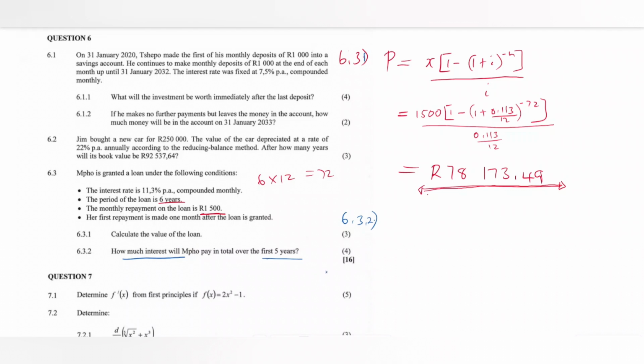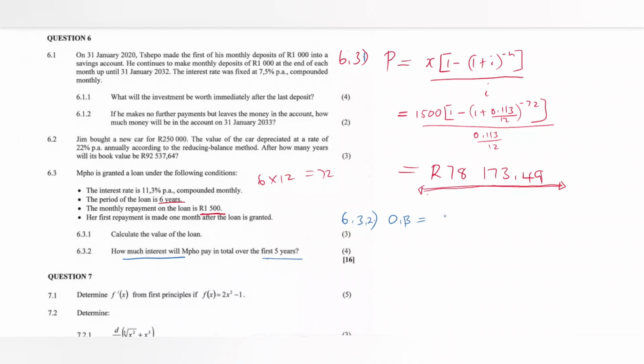Then from that outstanding balance, we subtract it from the value of the loan. Then we see how much will be the value of the loan for the first 5 years. So the outstanding balance, I'm going to write it in short, is OB. You know the loan is supposed to be paid over 6 years. So the outstanding balance after 5 years will be left with 12 months to pay, which is 1 year.